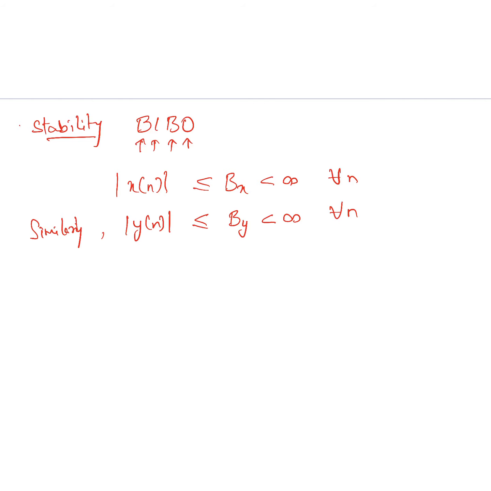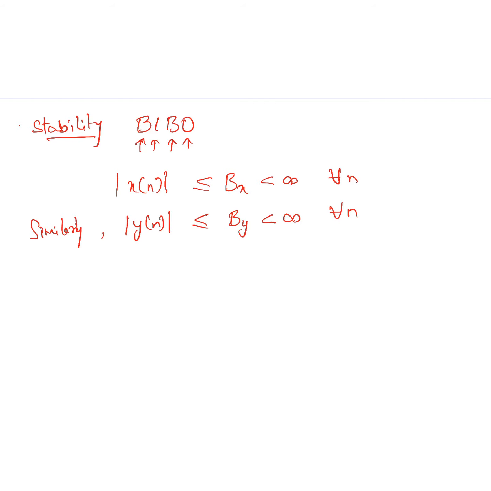Now the important thing to note here is that you can have an unstable system which may have some bounded inputs for which the output is bounded also. Meaning to say that for some bounded inputs the output sequence may be bounded, but the system is not necessarily a stable system.